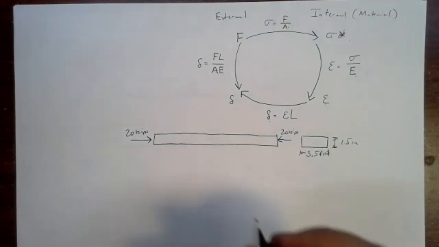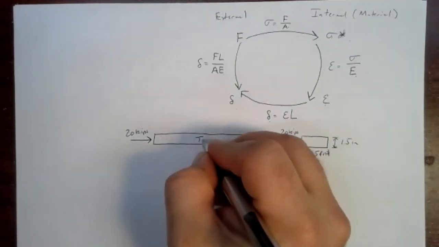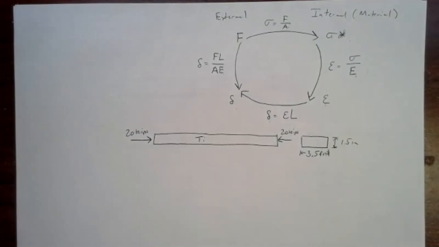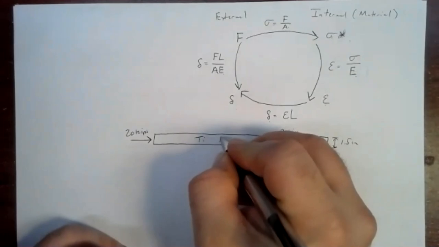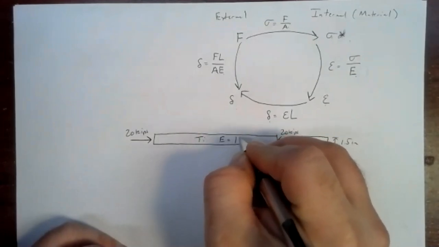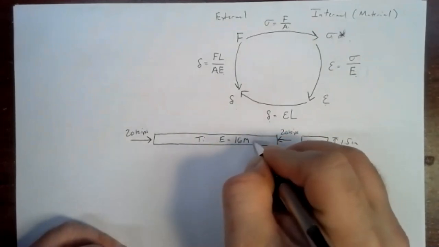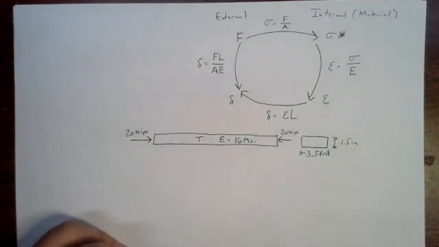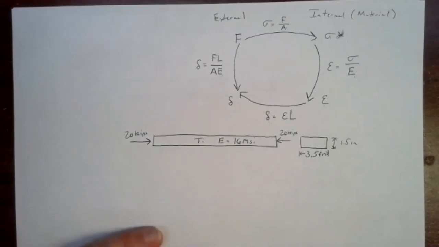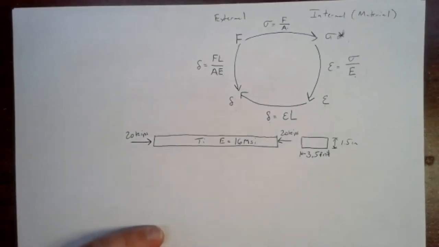And we'll make it out of, let's make a titanium 2x4 here. And if I go to my reference book here, titanium has a modulus of elasticity of 16 MSI. So the modulus of elasticity is 16 million pounds per square inch. So it's pretty stiff. It's not something that responds a lot to load.